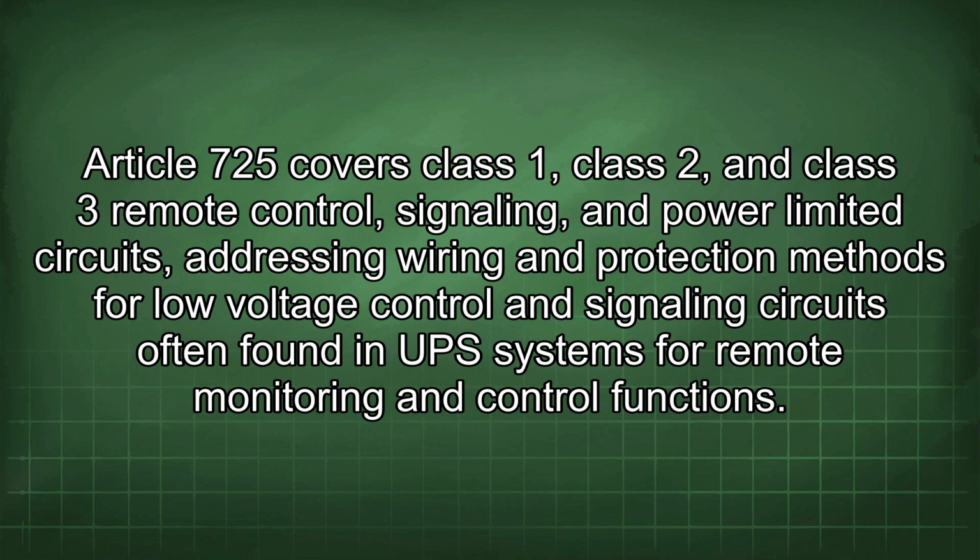Article 725 covers Class 1, Class 2, and Class 3 remote control, signaling, and power-limited circuits, addressing wiring and protection methods for low-voltage control and signaling circuits often found in UPS systems for remote monitoring and control functions.